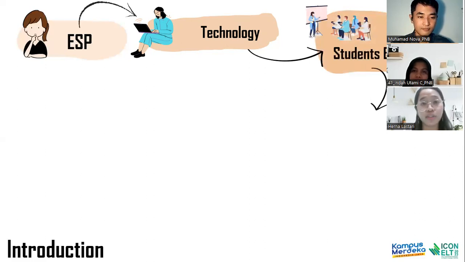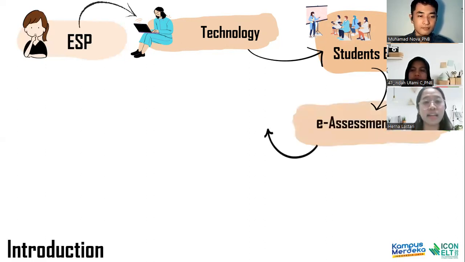It is student engagement, and having technology is like diving into the students' life if it is conducted in the classroom. And after delivering the materials in the teaching and learning process, the teachers are required to conduct assessment.